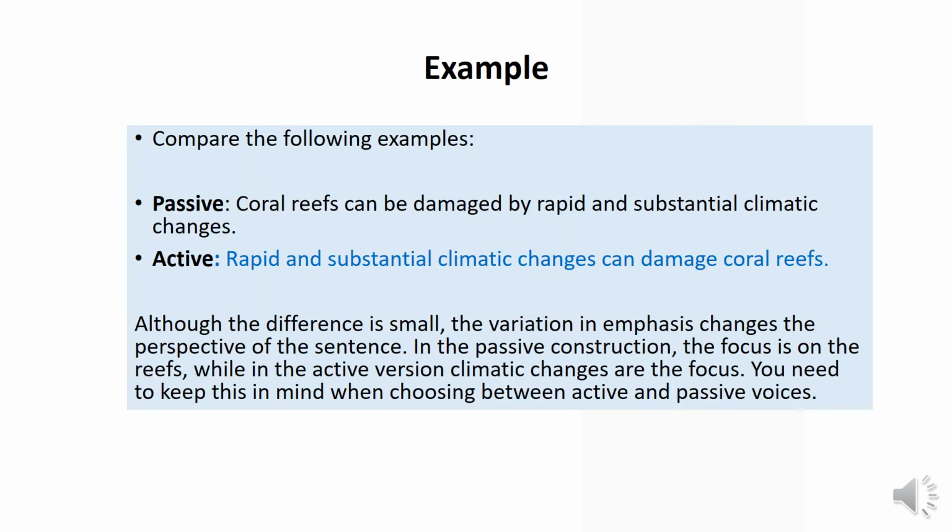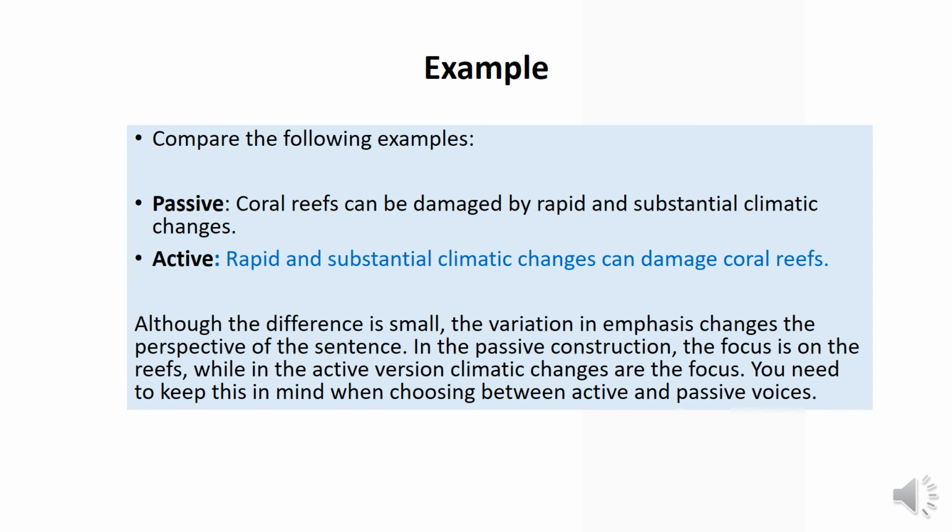For example, compare the following. Passive voice: coral reef can be damaged by rapid and substantial climatic change. Active voice: rapid and substantial climate change can damage coral reef. Okay, you compare the passive and active sentences.